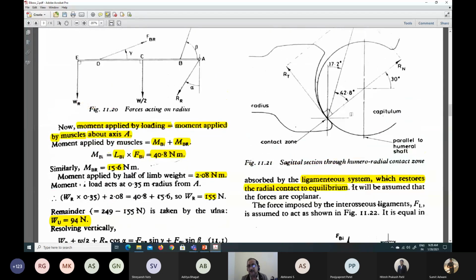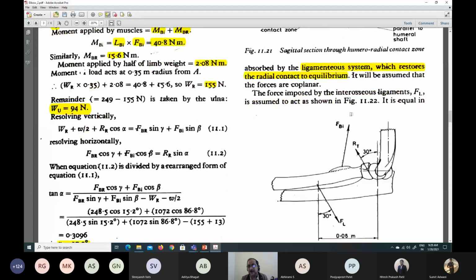Now, as you can see, how does this force of the ligamentous system act? It will act to oppose the tangential component, acting almost along the similar orientation. So here also FL, the ligamentous force system, should act at an angle of 30 degrees, as you can see.